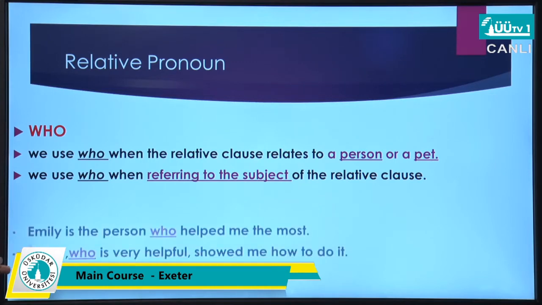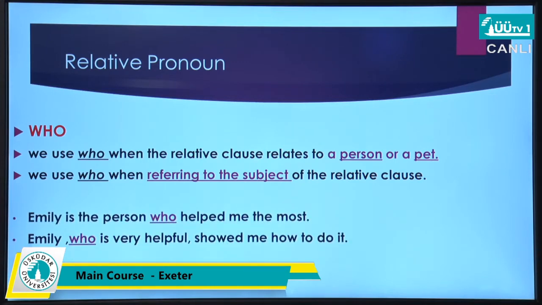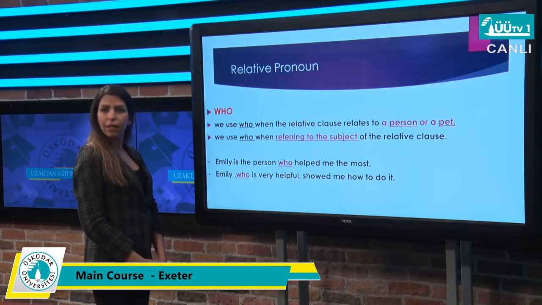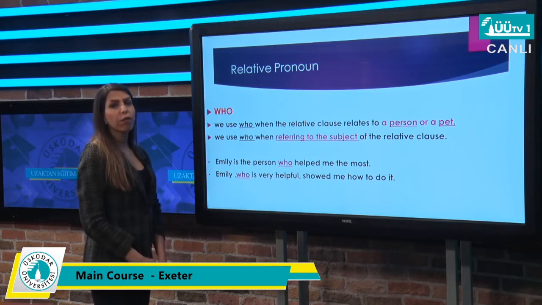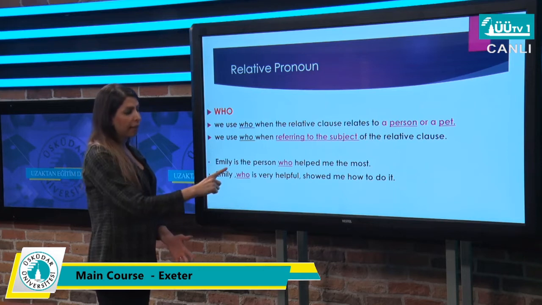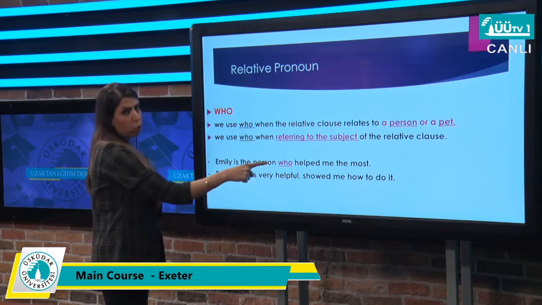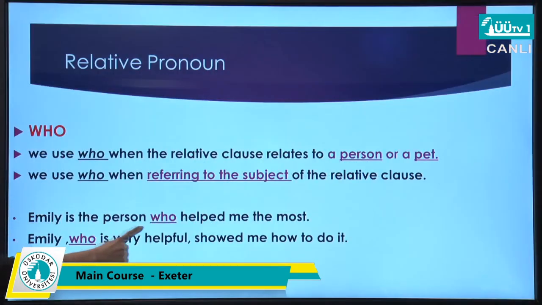Let's look at these examples. Emily is the person who helped me the most. Emily, who is very helpful, showed me how to do it. Is it clear for you? In both sentences, we have a person. And in this one, which is defining relative clause, without that part, the sentence is meaningless.